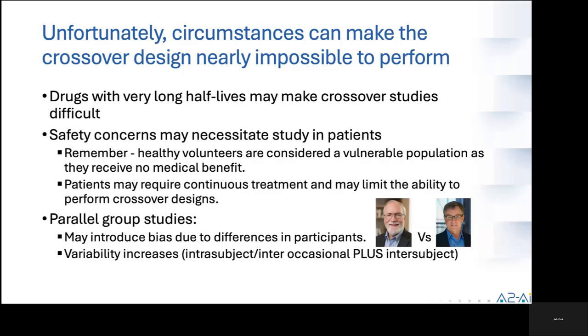Variability increases. You no longer have just intra-subject or interoccasional variability. You add on inter-subject variability, which takes the variability into the range of what would be considered high variability for a crossover study. With most drugs, the total variability is over 30%.